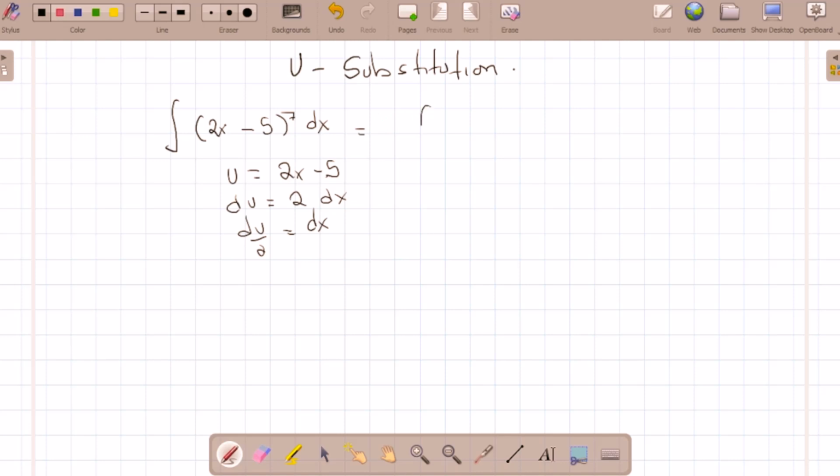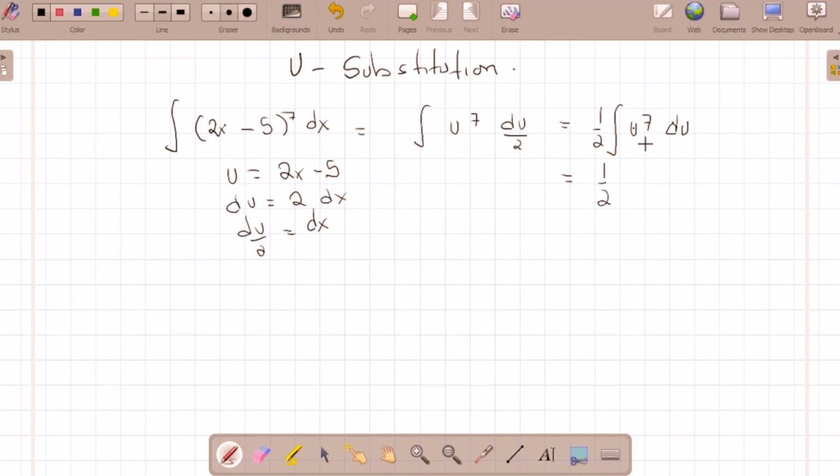So this integral is equal to u to the power of 7, and our dx is du divided by 2. Now 1 over 2 is a constant, so we can take it out of the integral. This should leave us with 1 over 2 times the integral of u to the power of 7 du.